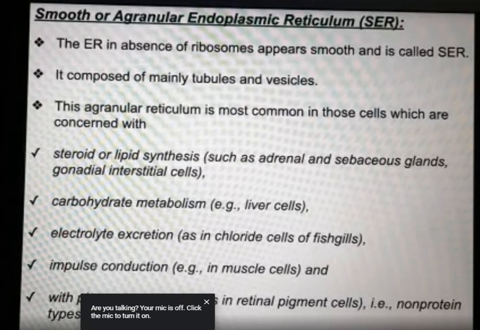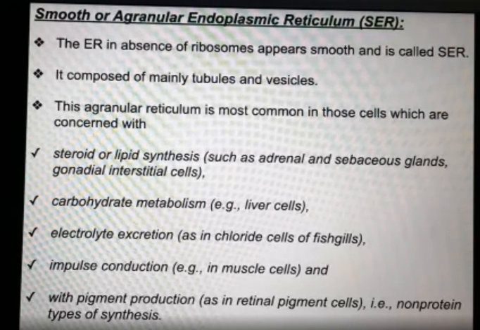Smooth or agranular endoplasmic reticulum. The endoplasmic reticulum, in the absence of ribosomes, appears smooth and is called SER, composed of many tubules and vesicles.